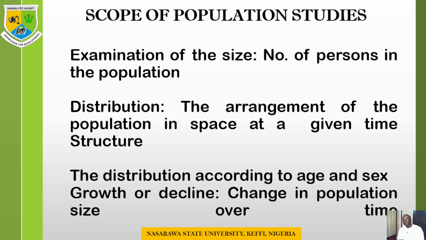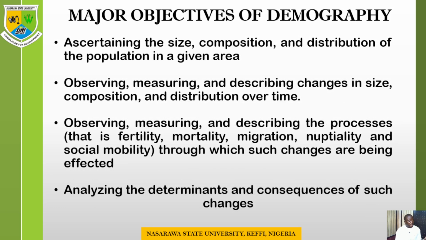We also talked about the scope of population study. The scope has to do with the size, the distribution, and the composition of human society. Then we said there are also objectives. We are interested in attaining the size, composition, and distribution of the population in a given area.